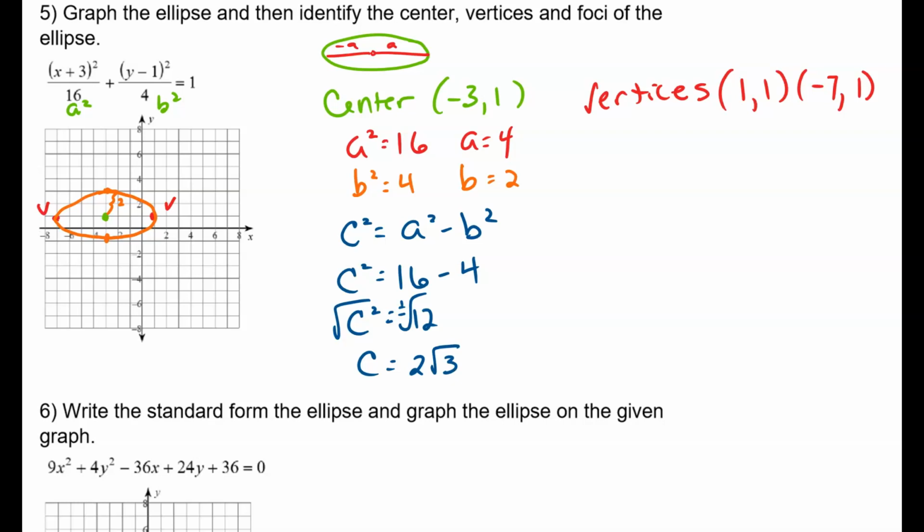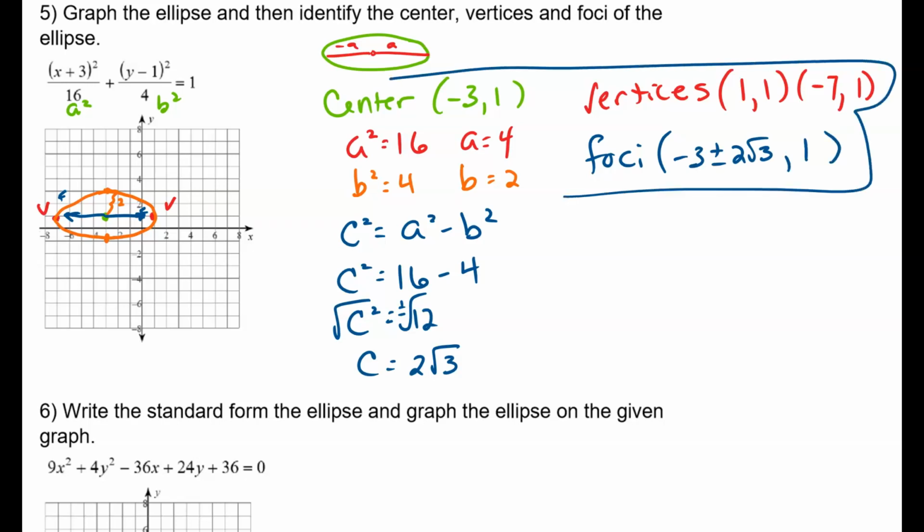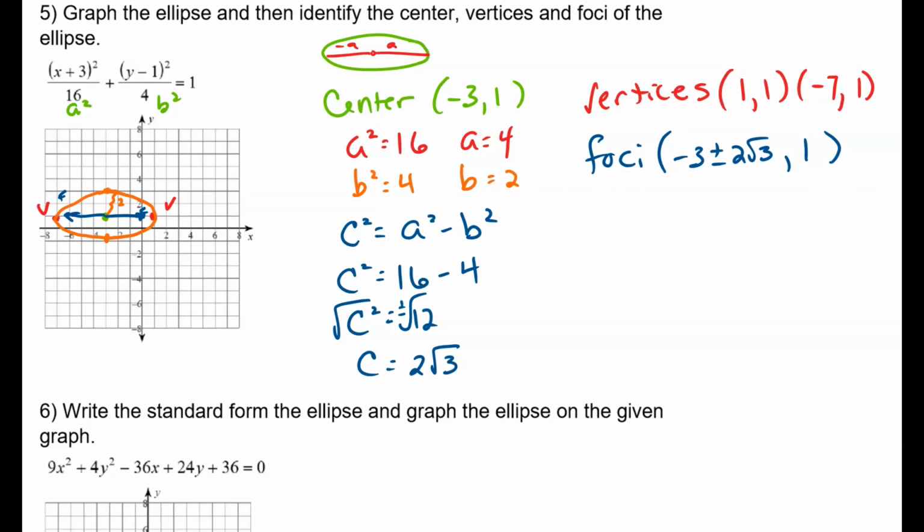Now, which way is that moving? Well, it moves on the same direction as your major axis. So I got to go c this direction and opposite c the other direction to get my foci. Well, that means we're moving horizontally. So you go back to your center and we just take our -3 and we add or subtract 2 root 3 to it. Put 1 for y, and we have everything that we needed.